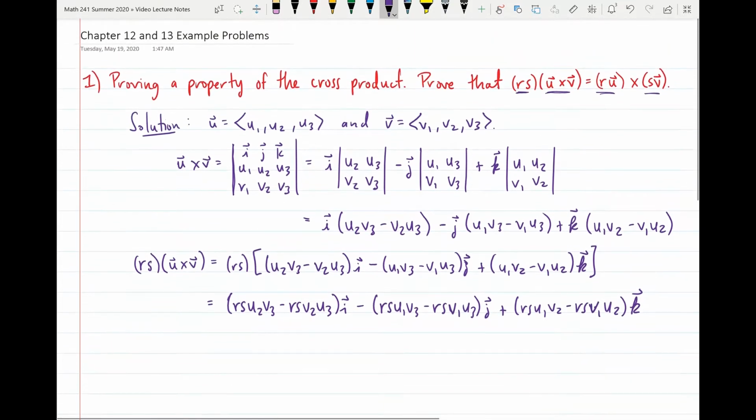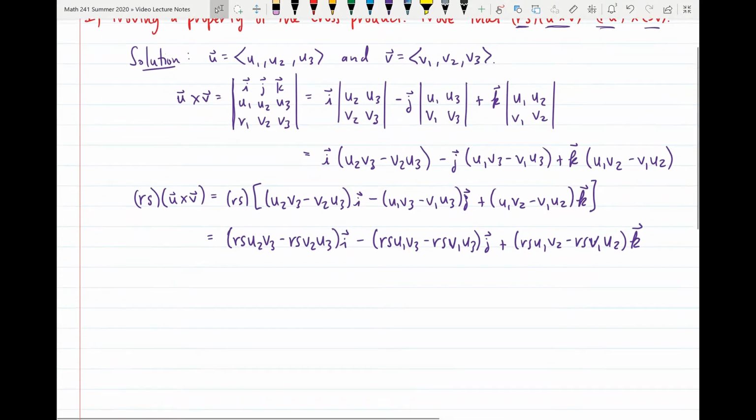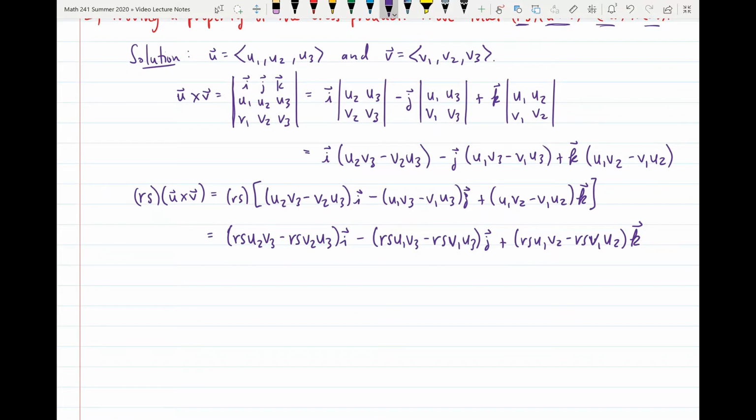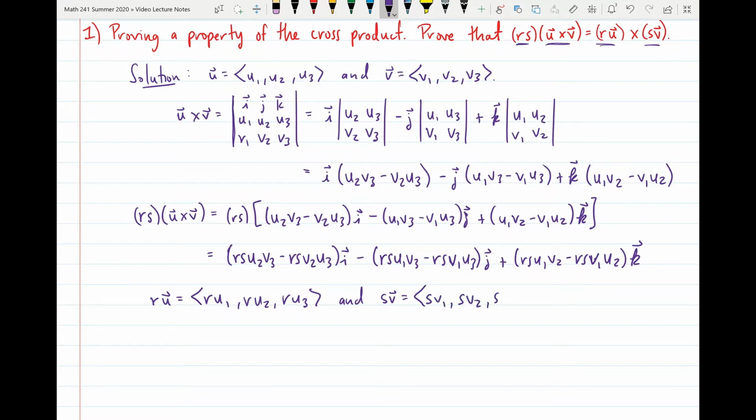So now let's move on to the right side of the equation. Let's calculate that and see if we can get it to look like the expression that we just found. Okay, so r times u in component form is going to be ru1, ru2, ru3, and sv is equal to sv1, sv2, sv3.